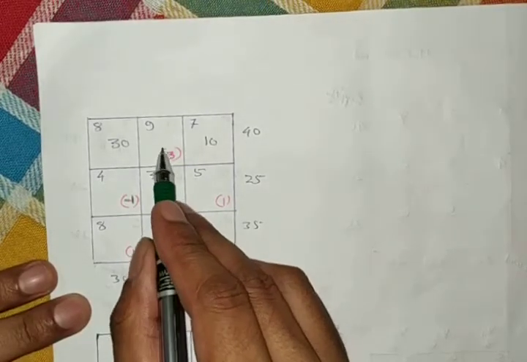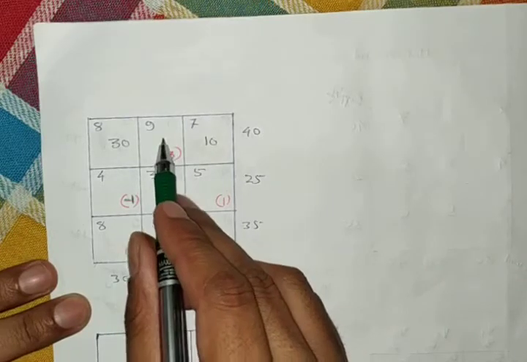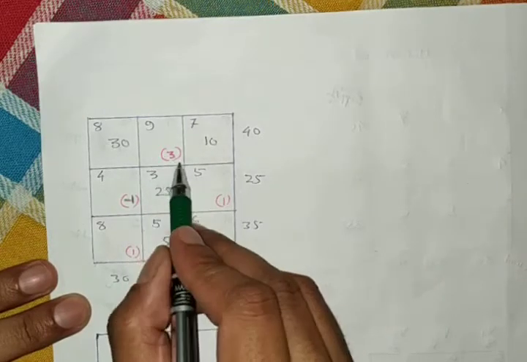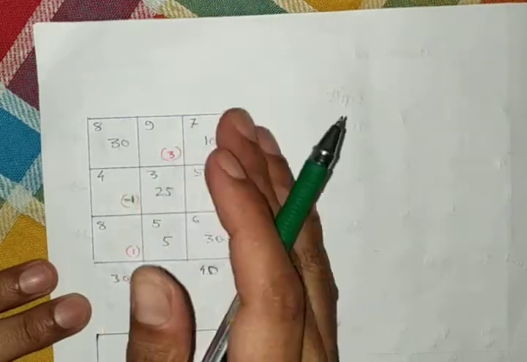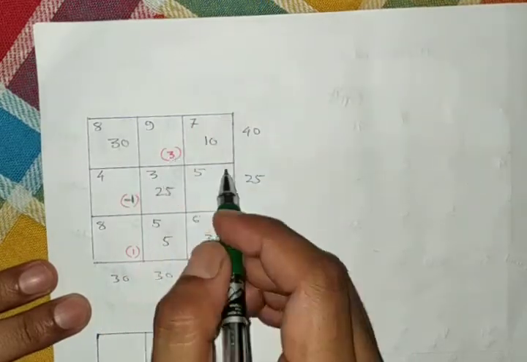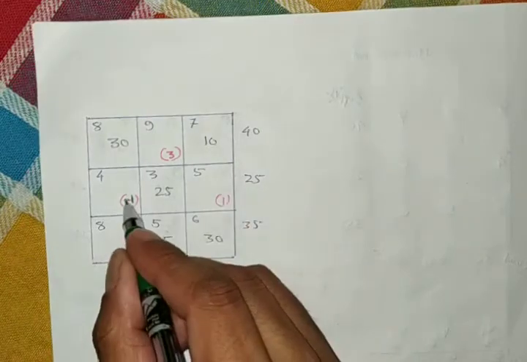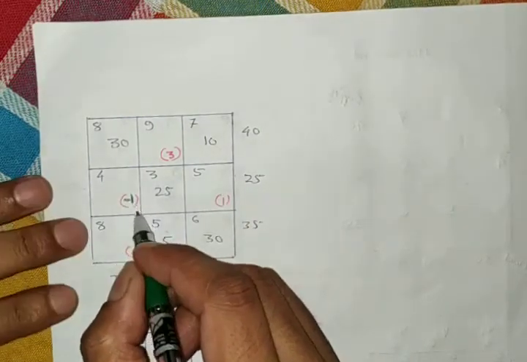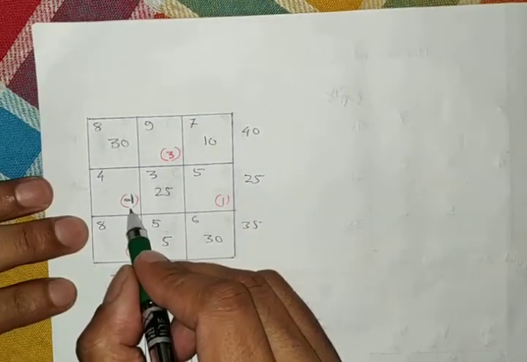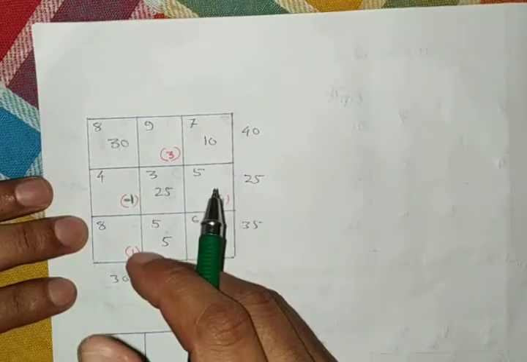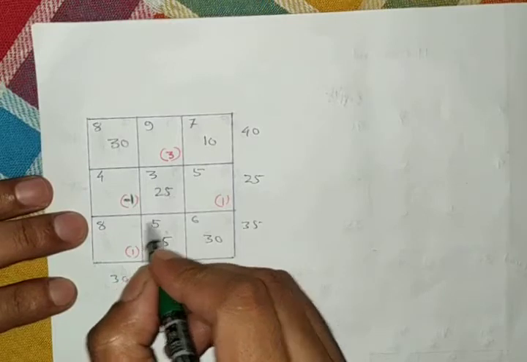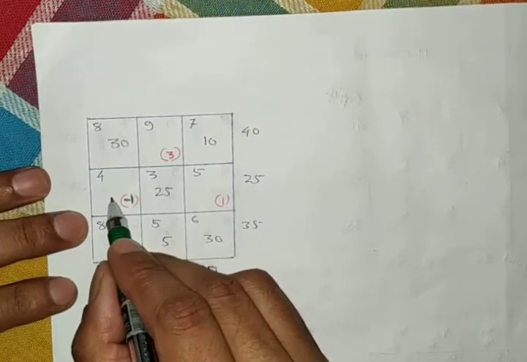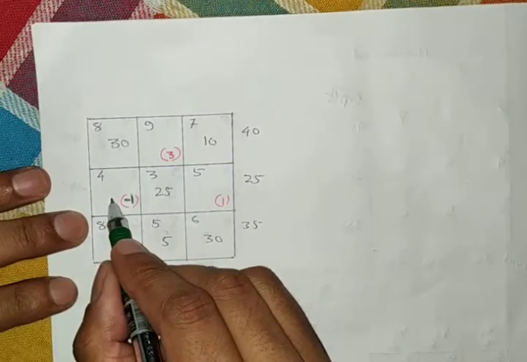So here if you put something in the cell with plus 3, then your cost will increase by 3 units. So minus 1 means there is scope for reducing the total transportation cost. So if you add something here, that will be beneficial for us.